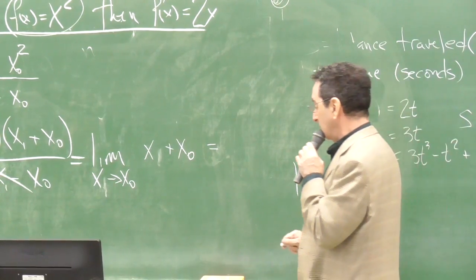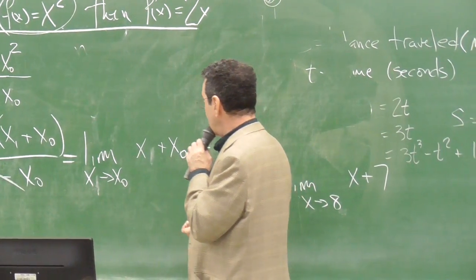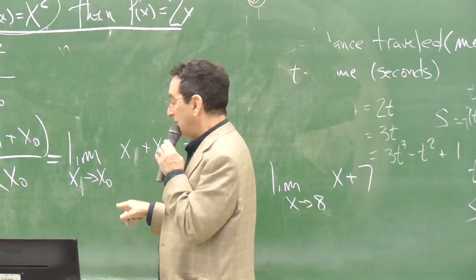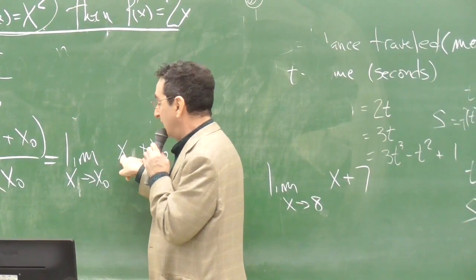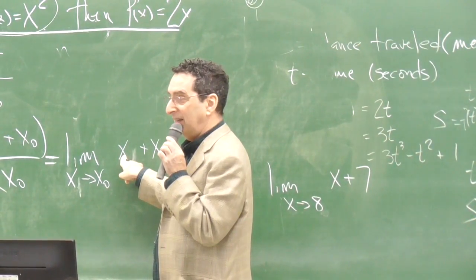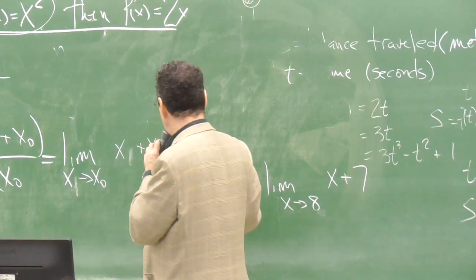That's what the notation means. So now it means x is getting close to x0, so I can just fill in x0 instead of x. So what do I get?